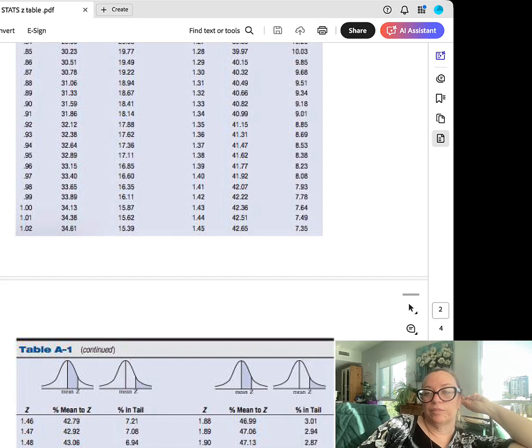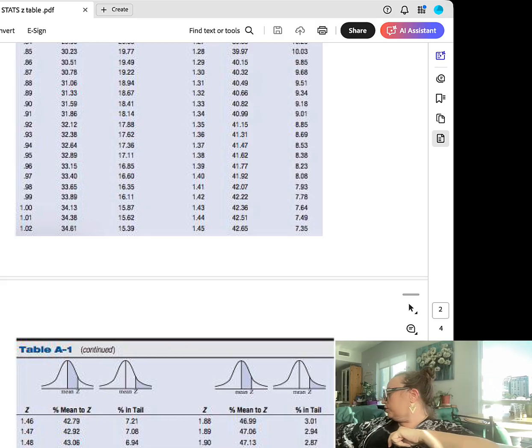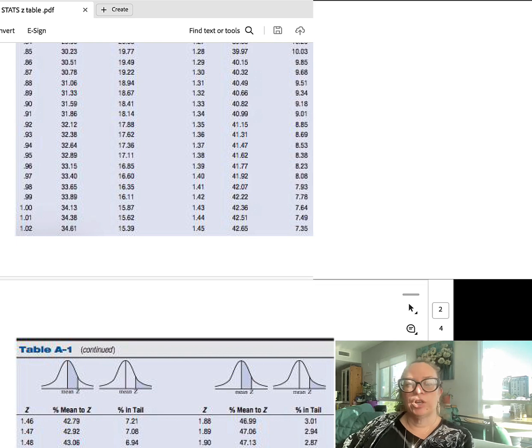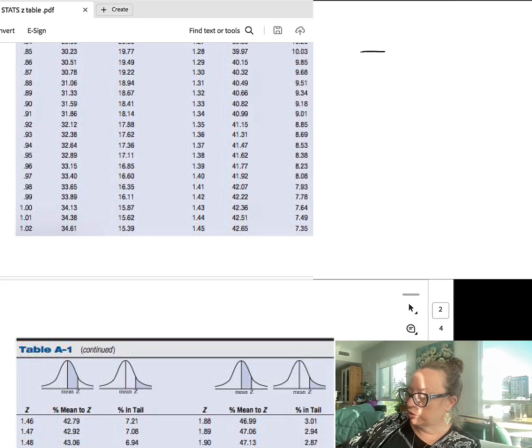So let me walk you through a complete problem so you can see all the pieces together. So the problem says, let's say test scores are normally distributed, okay, with a mean of 500 and a standard deviation of 100. Actually, let me go get my iPad so I can write this down for you guys. Okay, so the problem is test scores are normally distributed, with a mean of 500. So we'll draw out a normal distribution.